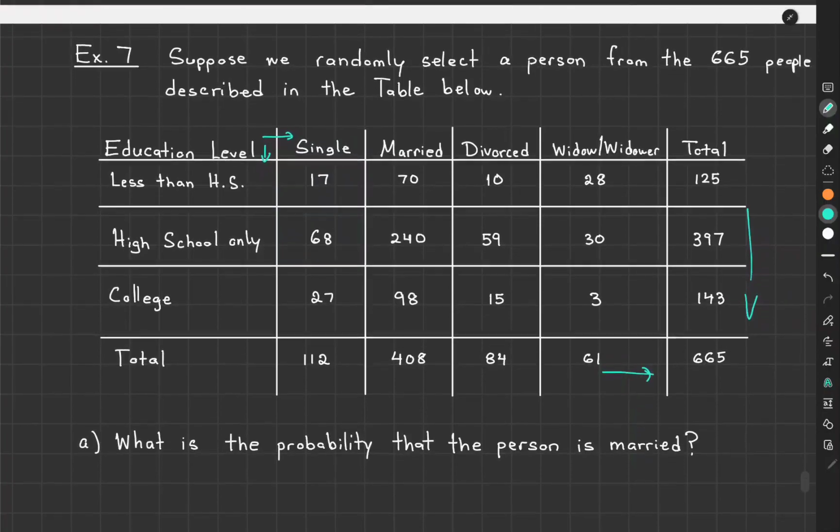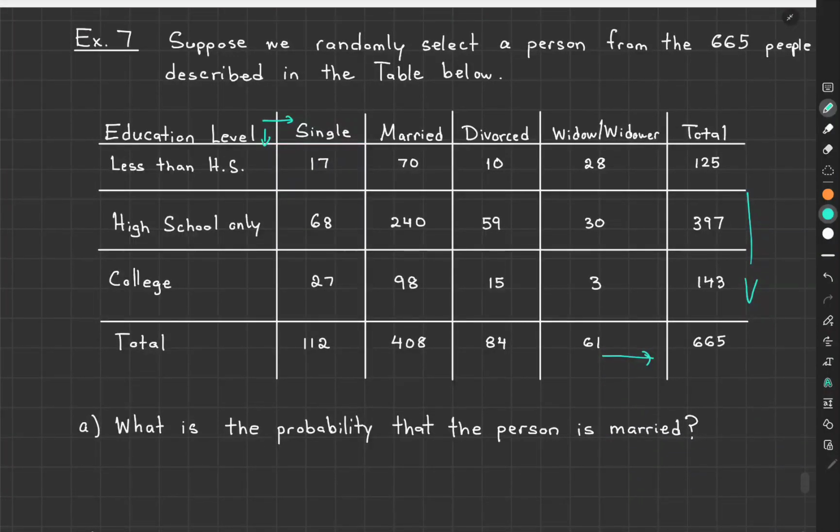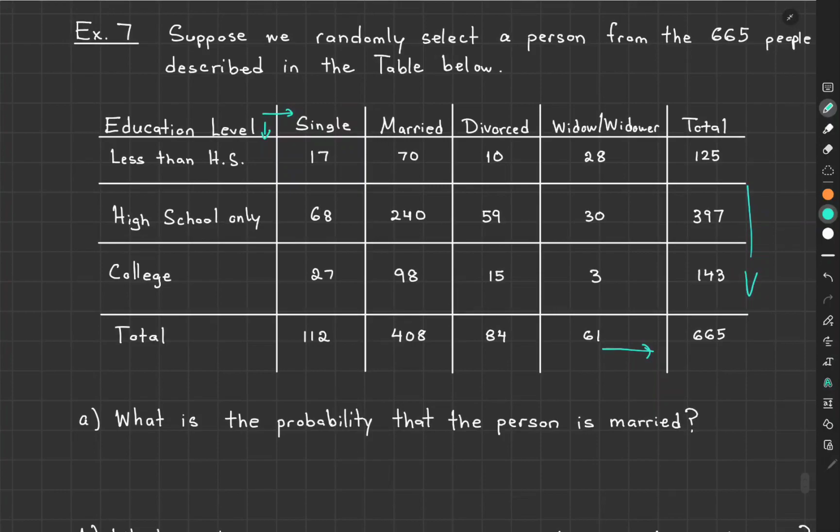Okay, so first off, what's the probability that a person is married? Well, we've got our married column here. The total number of married people is 408. So the probability that a person is married is simply 408 out of the total number of people, 665. Okay.